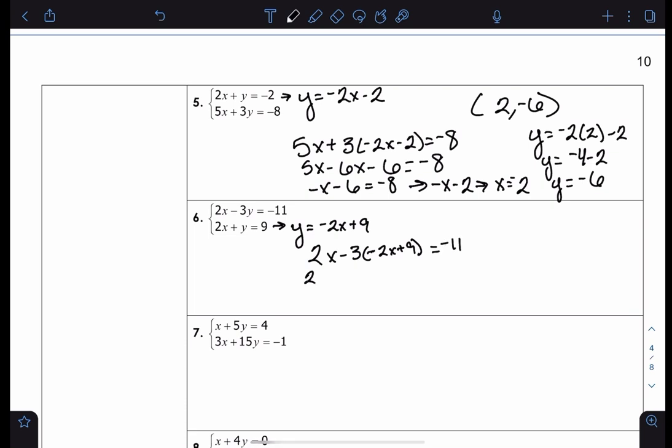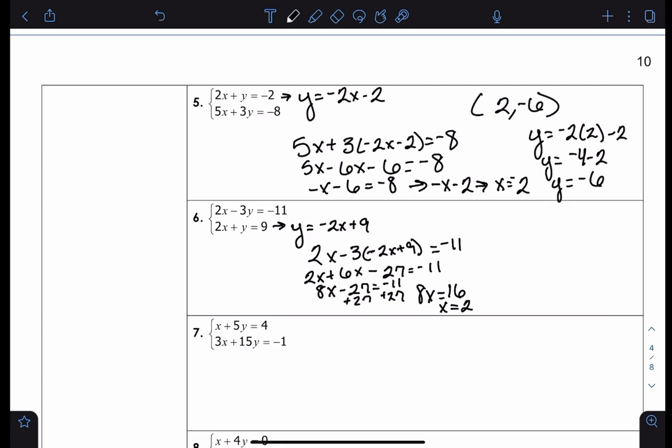Once again, just simplify everything. So 2x plus 6x minus 27 equals -11. And we're going to have 8x equals 16, meaning that x equals 2.